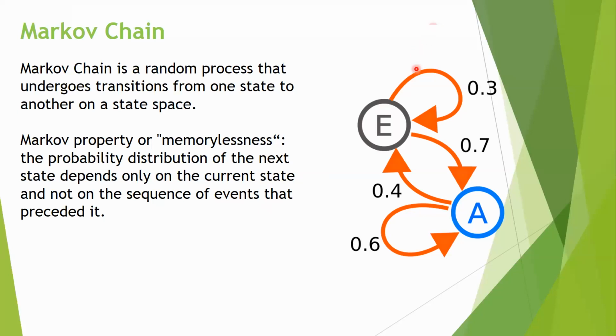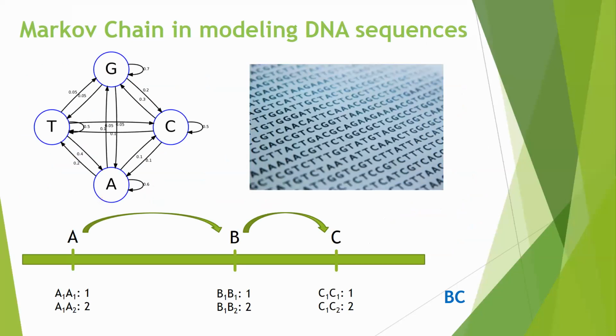All right, so we're going to use this Markov chain model to help us analyze multiple loci that are linked in the same chromosome. For example, in the future you can see that in some situations the Markov chain can be used to analyze a DNA sequence.